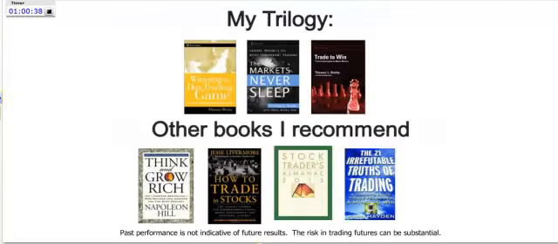Books that I've written: Winning the Day Trading Game talks about how I got started, some of the trials and tribulations of trading, some of the issues you face trying to do this game of trading, and some of the ways I overcame those issues. Markets Never Sleep is about the 24-hour clock.